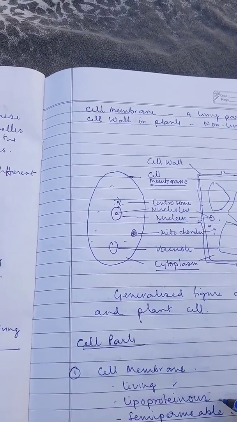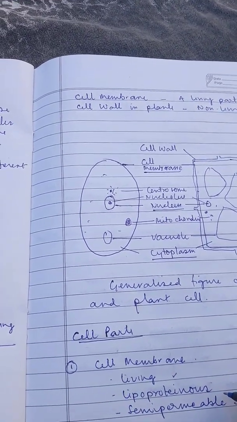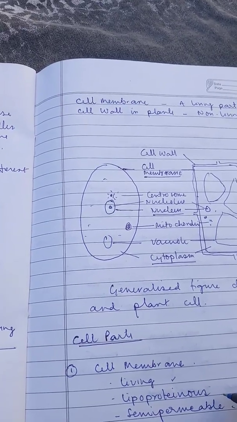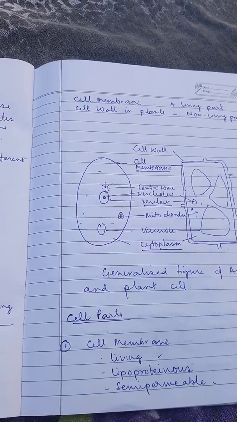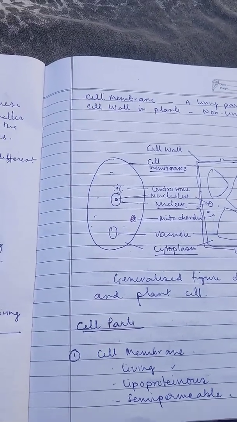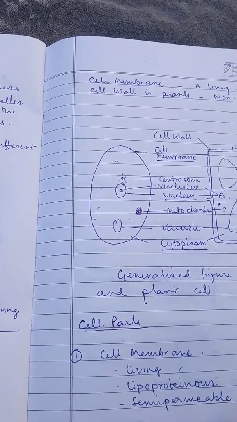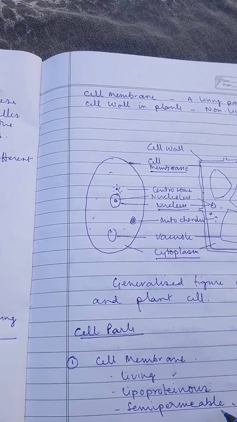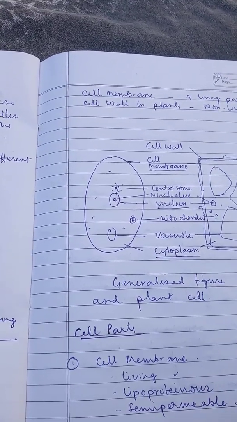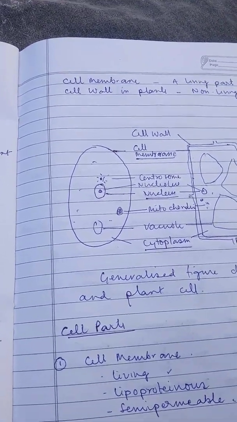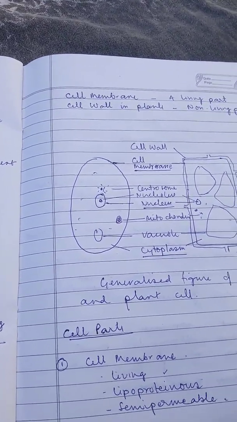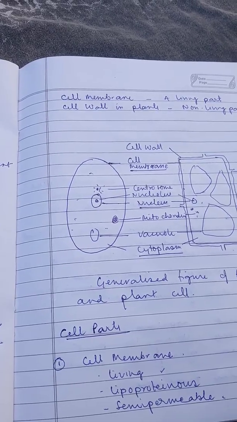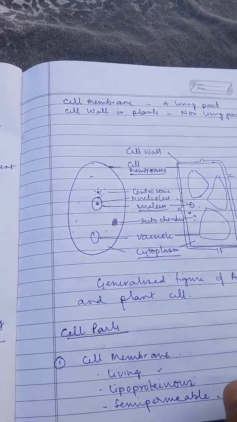It is made of lipids and proteins, hence lipoproteinous in nature. It contains minute pores, hence it is semi-permeable and allows the entry of certain substances only into the cell. Hence, it is called differentially permeable or selectively permeable.